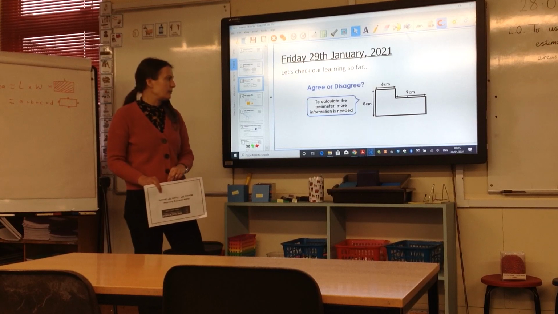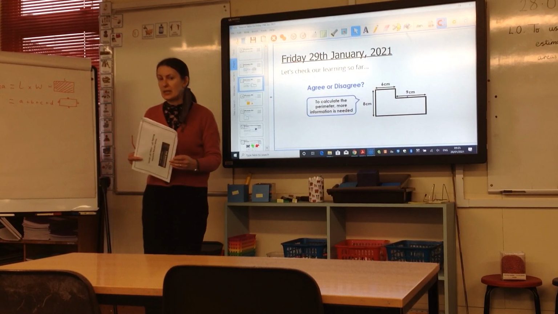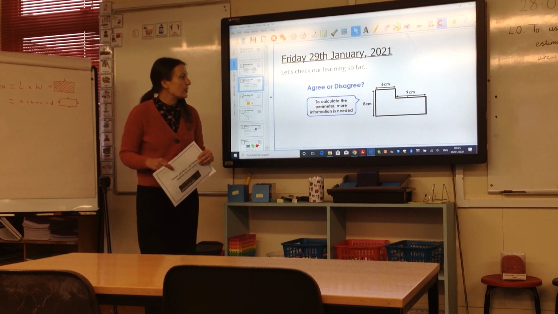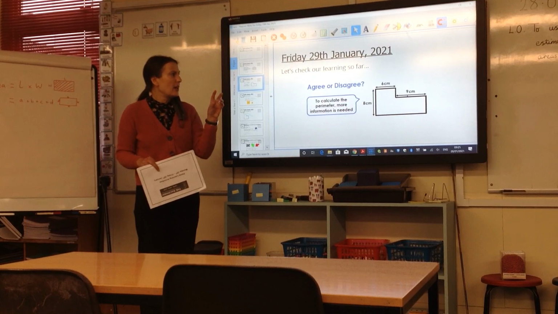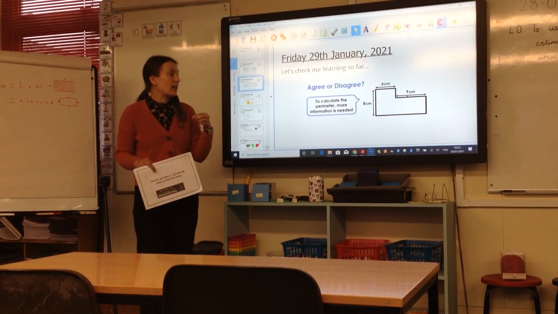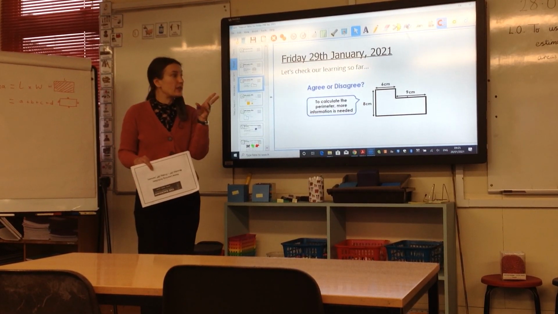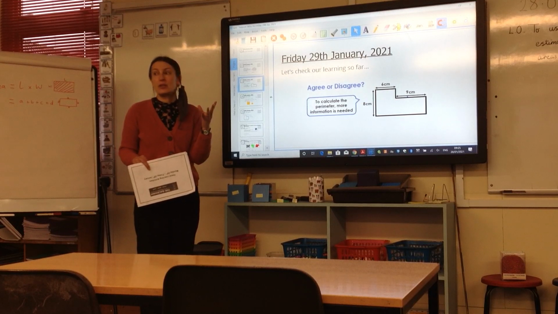Agree or disagree? To calculate the perimeter, more information is needed. So we look at our diagram. You've got to unpick what information I have. Could I calculate it? Could I work out any others that are missing? Yes or no?